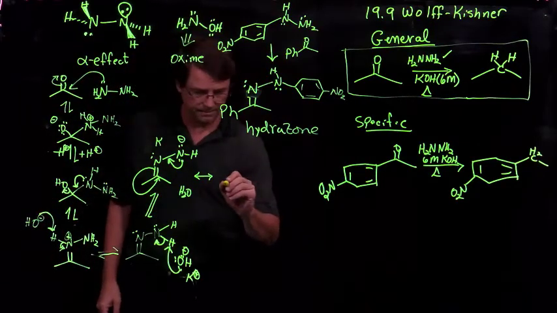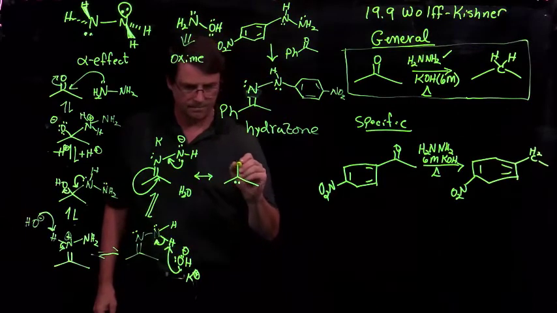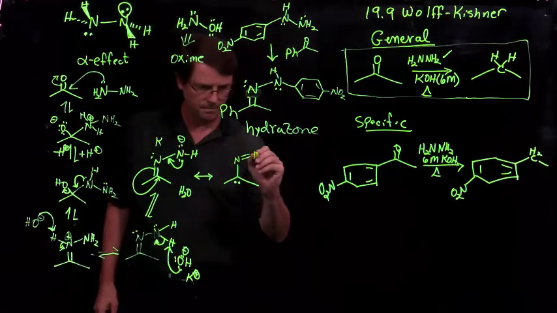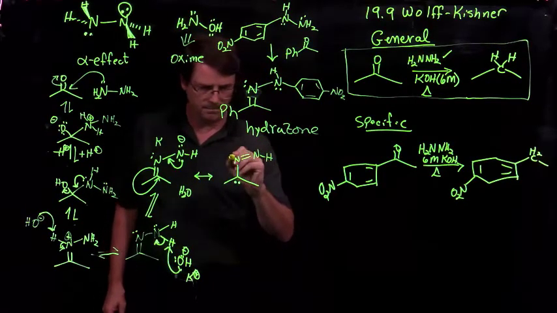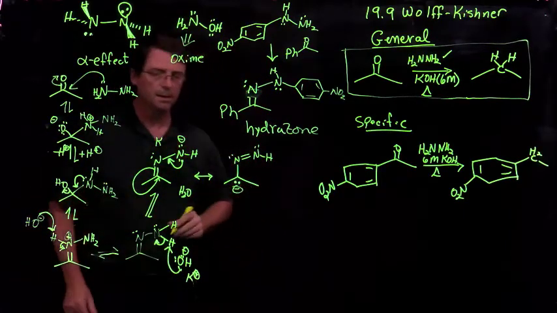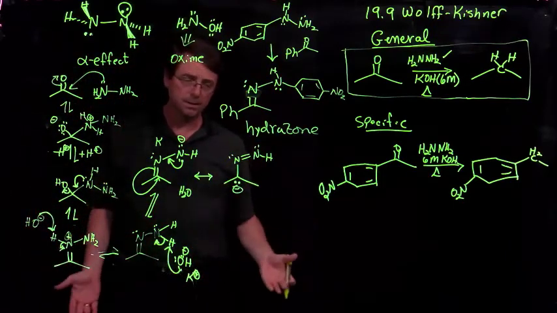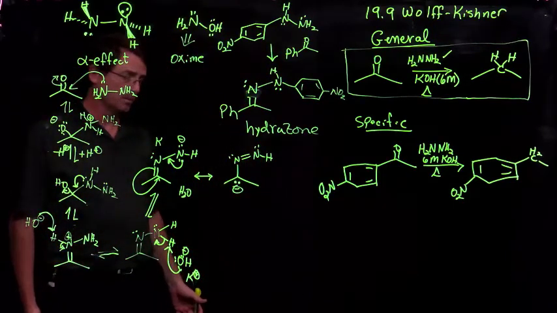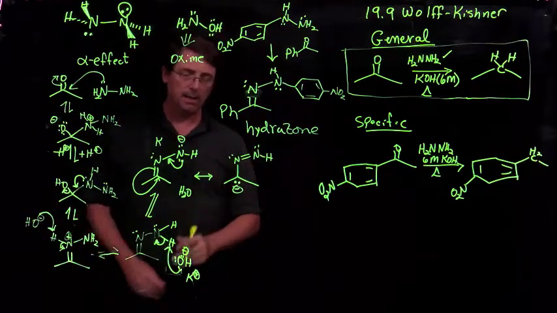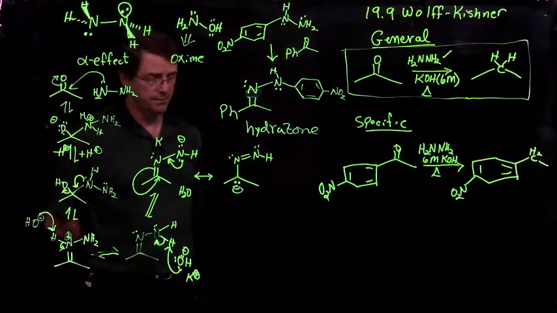Let's look at it. Now, putting in the lone pairs to help you see, the negative charge went from nitrogen to carbon. Now, this is just an allylic anion resonance form, but it's a hetero allylic anion because we have nitrogens instead of just carbons.